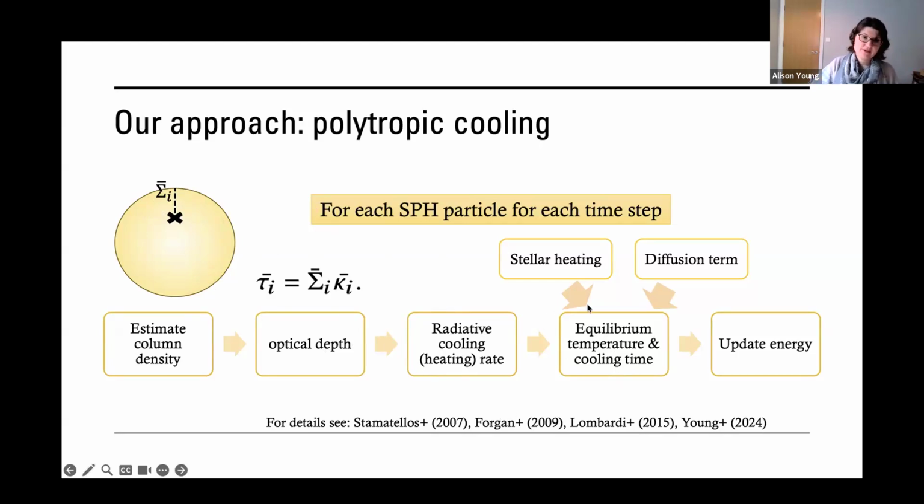At this point, we can also include stellar heating, so we can have a background temperature that's either constant across the whole thing or is radially dependent to imitate stellar irradiation. We can also include a diffusion term for increased accuracy. We also include flux limited diffusion, so we can get some heat dispersion on a more local level. And then we can update the energy in the model from all that.